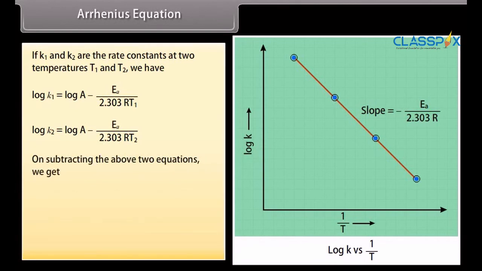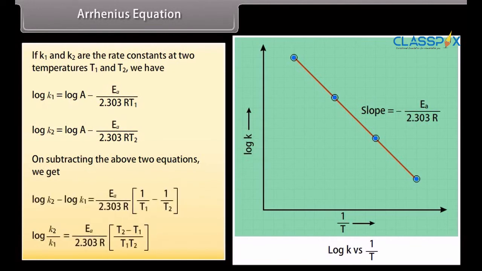On subtracting the above two equations, we get log(K2/K1) = Ea/(2.303 R) multiplied by (T2 - T1)/(T1 T2).